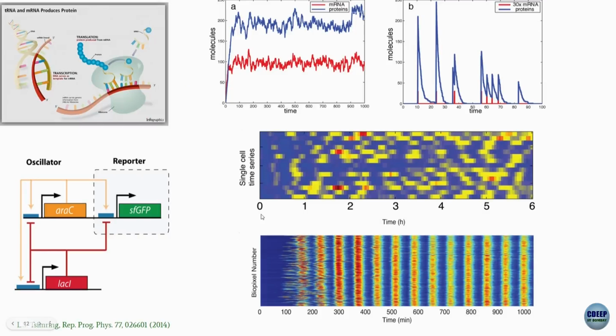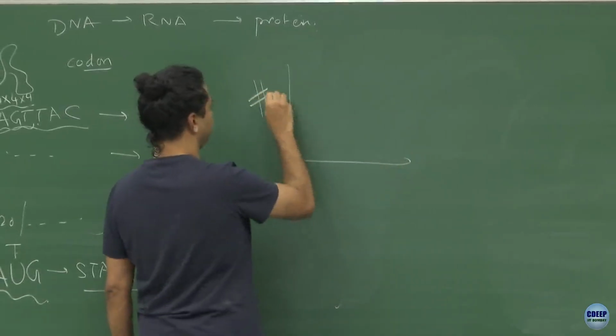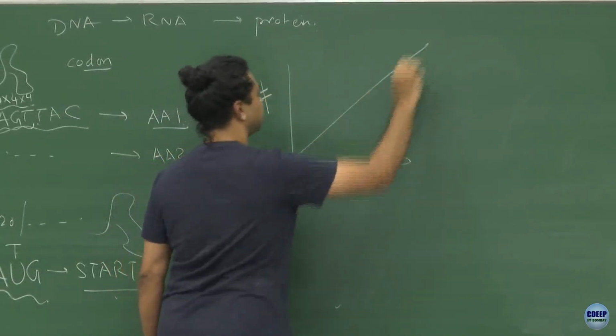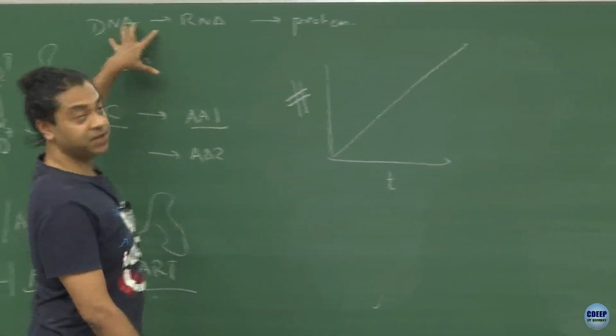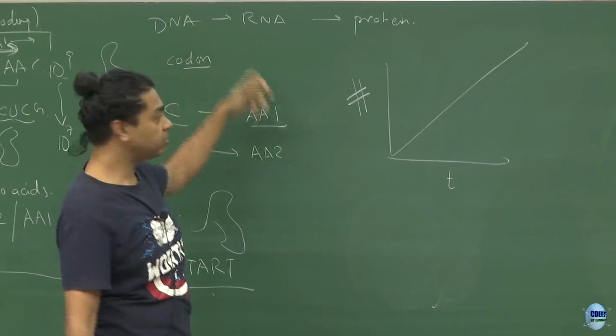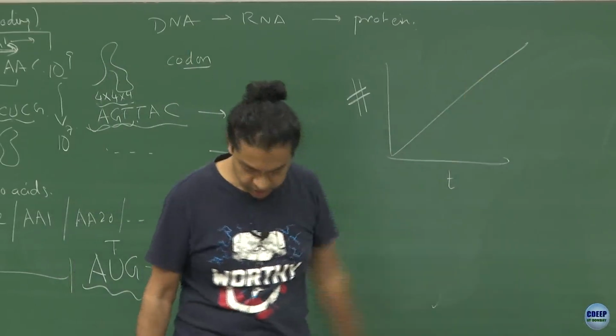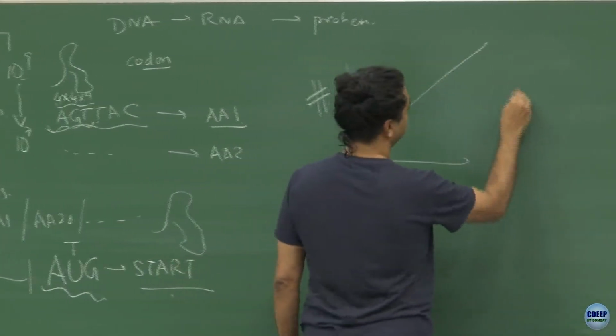If I look at the number of proteins as a function of time, it could be, in principle, something like this. I always have my genetic sequence. If the genetic sequence is always being read to produce proteins, I would have, in principle, a growing number.